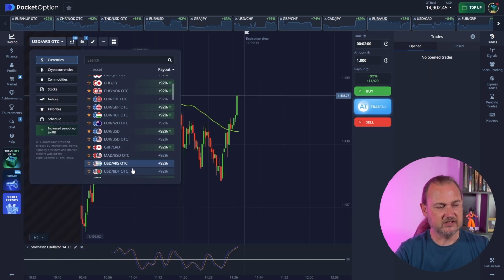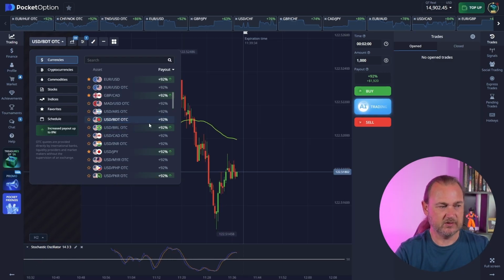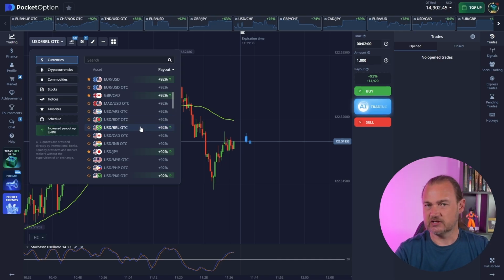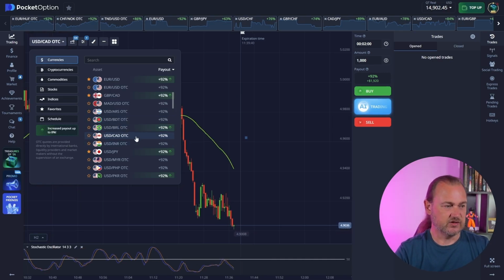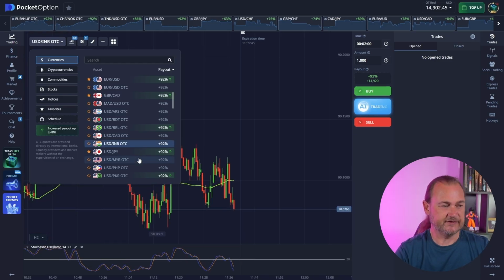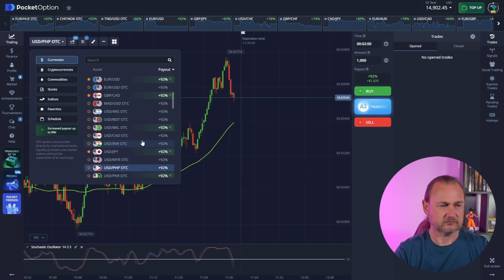So the reason why we can use the stochastic like this is that people often forget that the stochastic is a momentum indicator. If you've seen my videos on the RSI, the way I use the RSI, you will notice that this is actually quite similar. It's not the exact same way because they are two different indicators, but it is very similar to the way that I use the RSI as well.